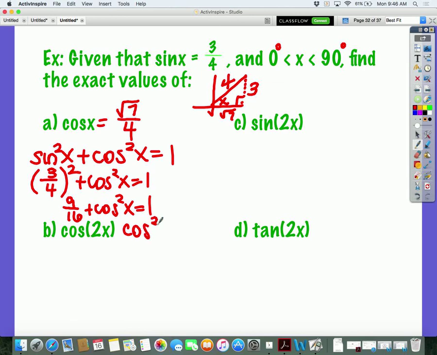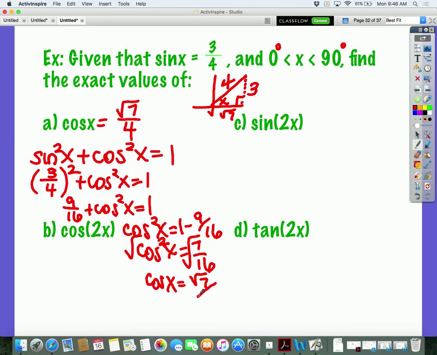So I'm trying to basically solve for cosine x, so I need to get it by itself. What's 1 minus 9/16? 7/16. And then to get rid of the square, you would take the square root. So you have the square root of 7 over square root of 16, which is 4.